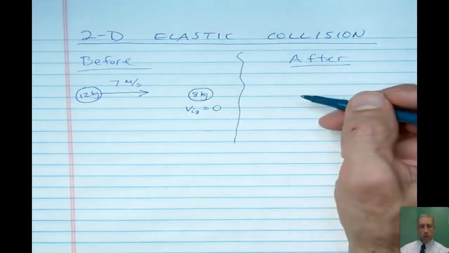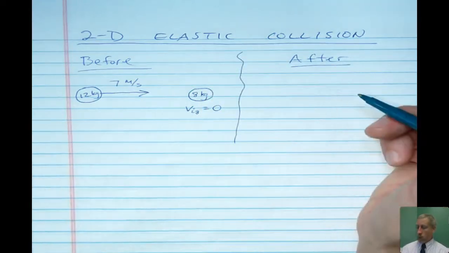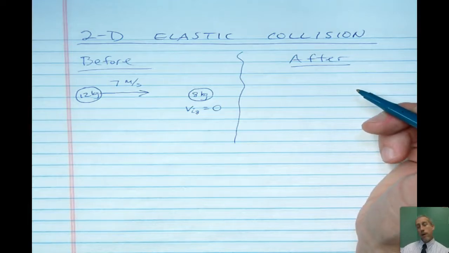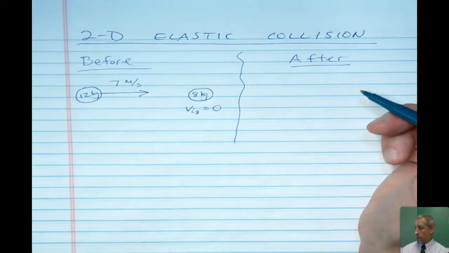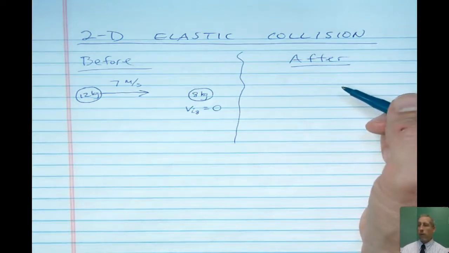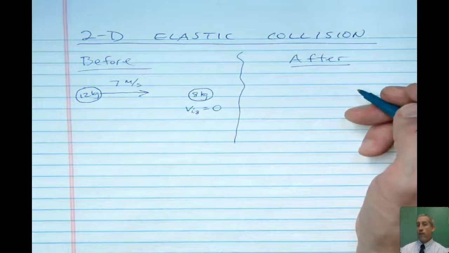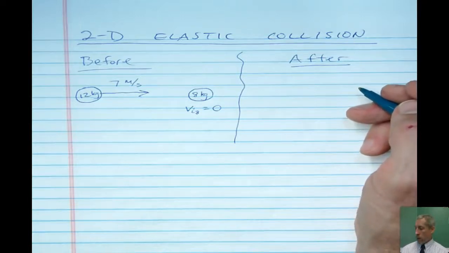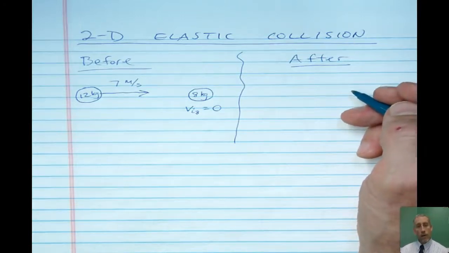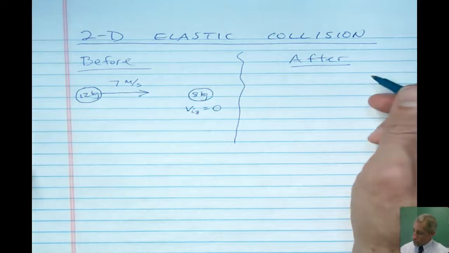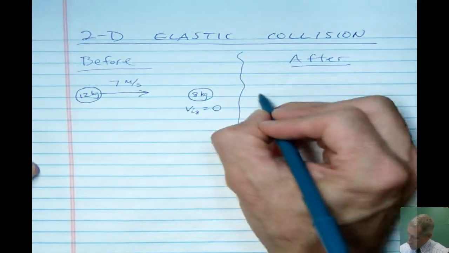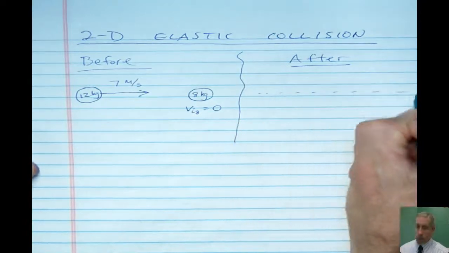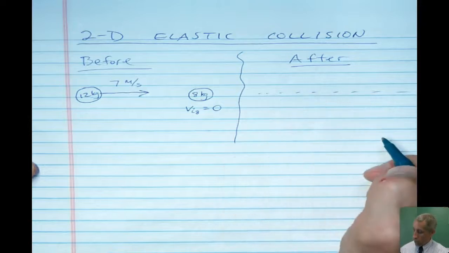And a lot of times the problem will describe that the one object that was moving is now moving at a different angle from how it was. So suppose we say that the 12-kilogram object moves 58 degrees below the direction it started out, or just 58 degrees off of the direction. So what would that look like? If you imagine moving in the same direction will be horizontal on my page.